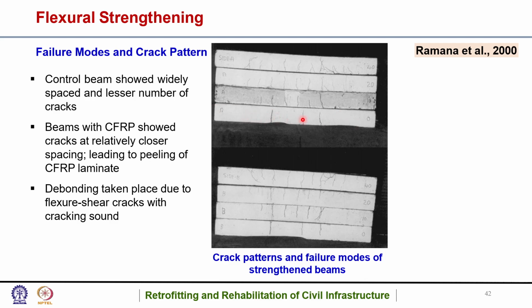And beams with CFRP showed cracks at relatively closer spacing, as you can see in the above ones, leading to peeling of the CFRP laminate. Okay, the CFRP sheet got peeled off. Debonding took place due to flexural shear cracks with a cracking sound. So debonding is basically the peeling off, delamination.